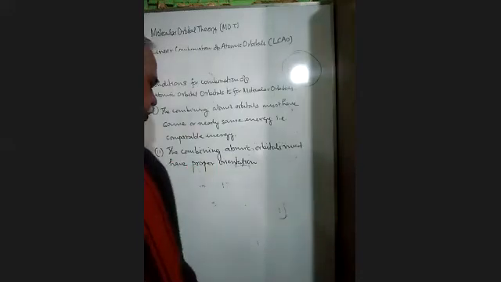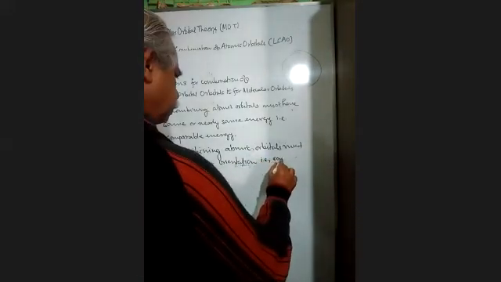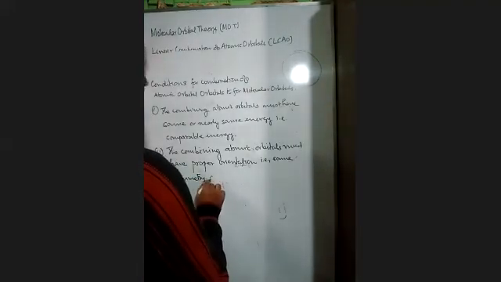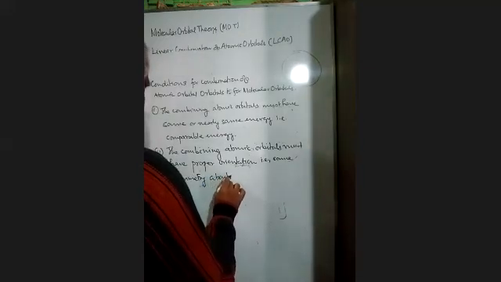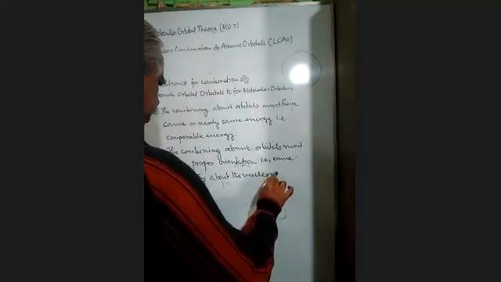Means positive will overlap positive and negative will overlap negative. Proper orientation, that is, same symmetry about the nuclear axis.